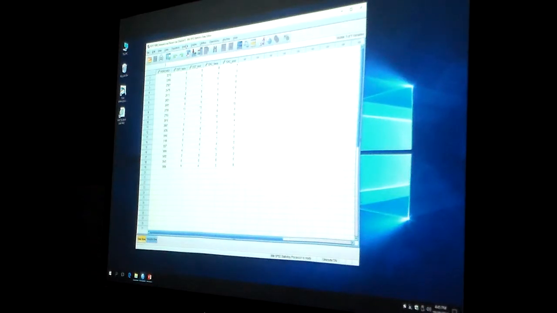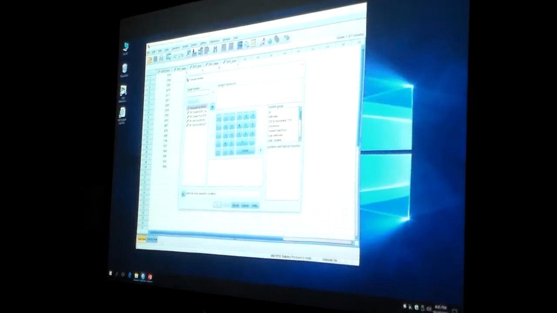So what we're going to do is go up to transform. We're going to hit compute. And I'm going to calculate distance diff, which is going to be equal to distant at post minus distant at base. Okay.